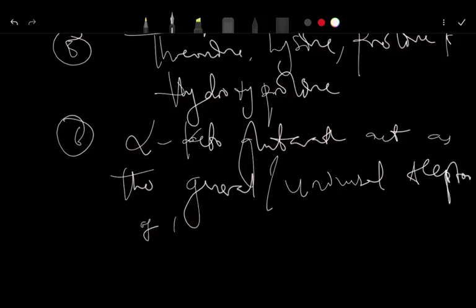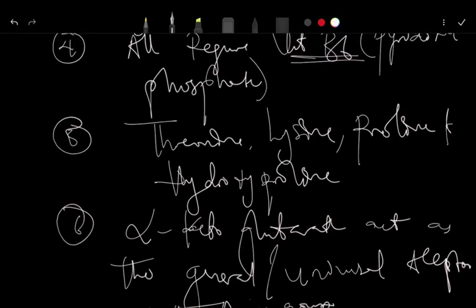You saw it now: for the one I talked about with aspartate, it was alpha ketoglutarate that received the amine group. For the one with alanine, it was the same alpha ketoglutarate that also received the amine group. That one is very, very important. Examples of amino acids that do not undergo transamination again are threonine, lysine, proline, and hydroxyproline.